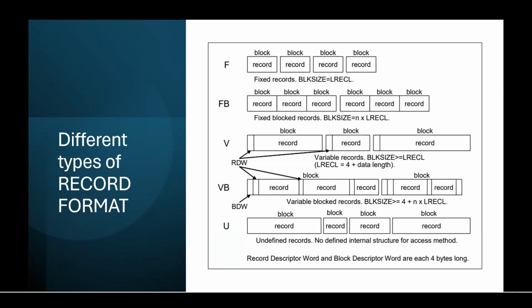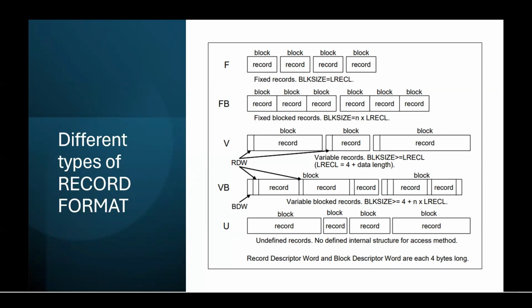In variable length, we have the RDW, the record descriptor word, which is 4 bytes long, and the length of variable records is different, it is not the same. In fixed, it is the same record length, because it is a fixed length record. In variable, it is a variable length record, so the record's length is different.